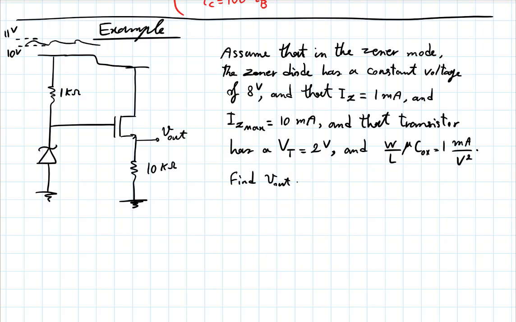Now, let me again invoke the kind of circuit engineer type of look into this. If for a moment I assumed that this was in DC steady state, and I said the gate current was 0, and again, we'll question this assumption for now, but if I assume that, what can I say about the voltage here? 8 volts.